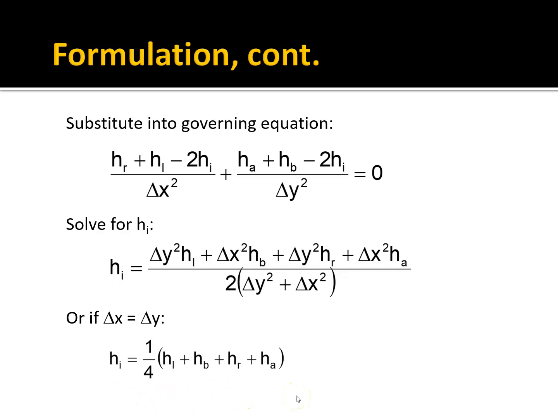The head at the node is 1/4 of the sum of the heads at the surrounding nodes. In other words, it's just a simple average of the heads at the surrounding nodes. So again, this one is with delta x not equal to delta y, and this is for the uniform spacing.